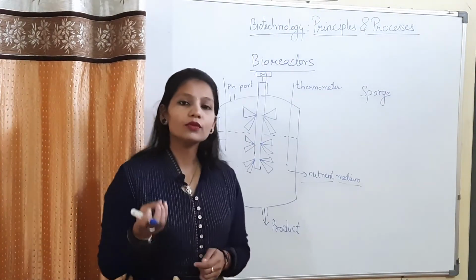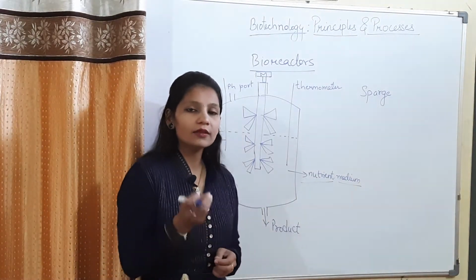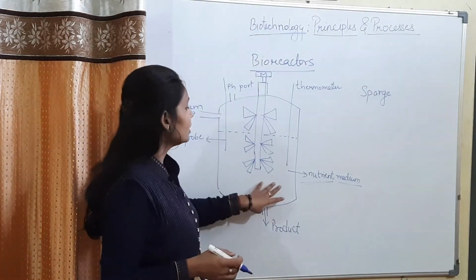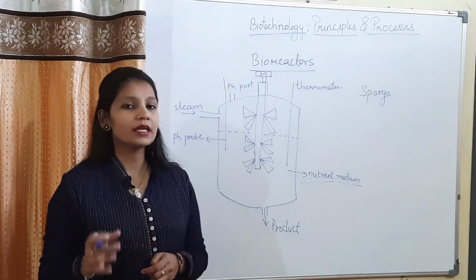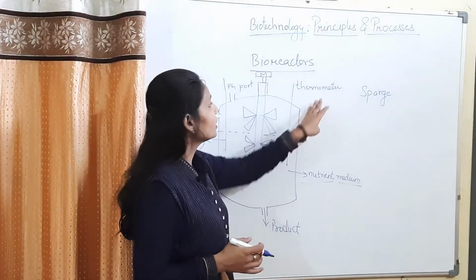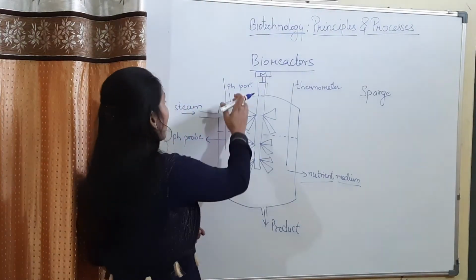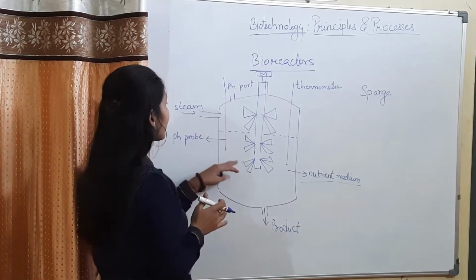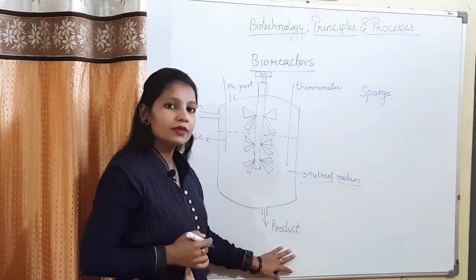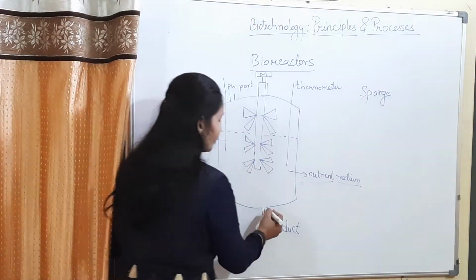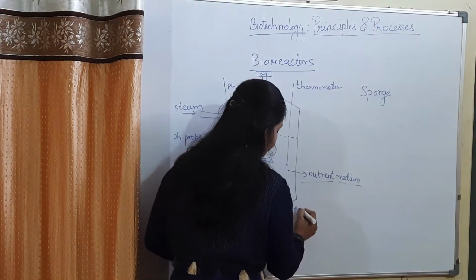For the growth of those host organisms we need a nutrient medium, and to provide optimum conditions, we have a thermometer for temperature regulation, a pH port, steam for sterilization, and for obtaining the product we have the outlet port.